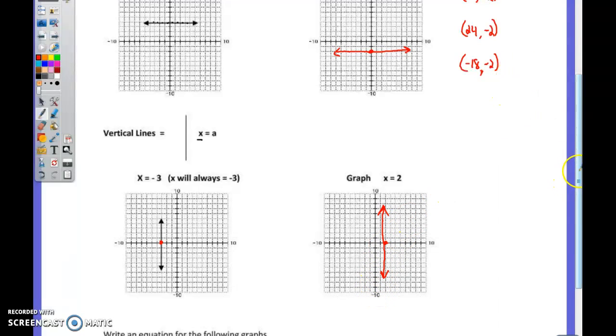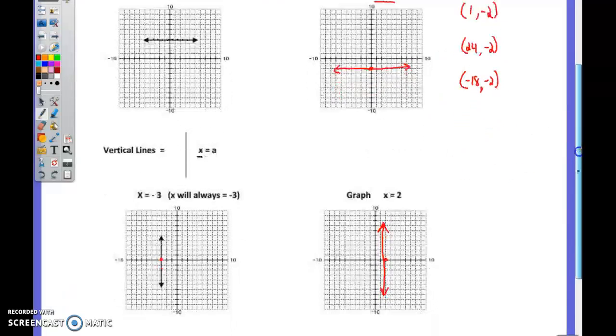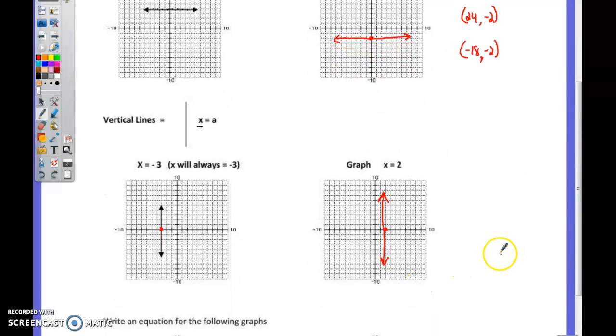Similar to over here in the y, if we're going to write 3 ordered pairs that are solutions, and there's an infinite amount of solutions, in this case you would have to make sure that your x value is always 2. So I could say 2, 20. I mean, you can just make up a number for y, it doesn't matter. All those are solutions to the graph of x equals 2.